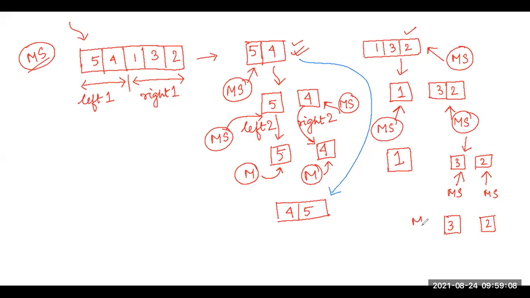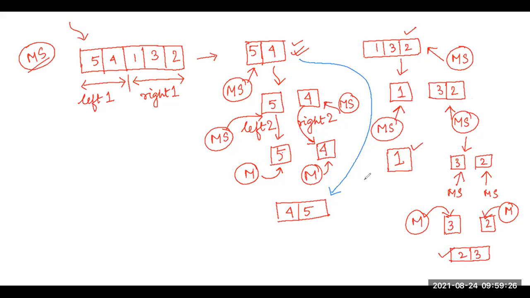Now I will call the merge algorithm on this one and also this one, and it will return the sorted output, which turns out to be 2 and 3, and there is one output here.